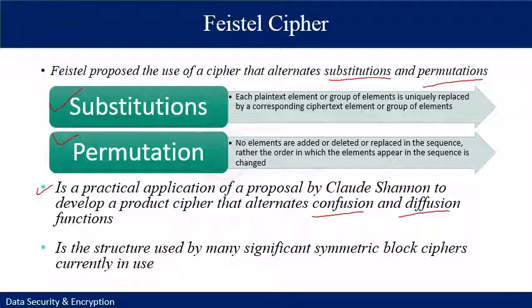In particular, the Feistel structure is used by the Data Encryption Standard and the Triple Data Encryption Algorithm, which is one of the two main encryption algorithms approved by the National Institute of Standards and Technology, along with the Advanced Encryption Standard.